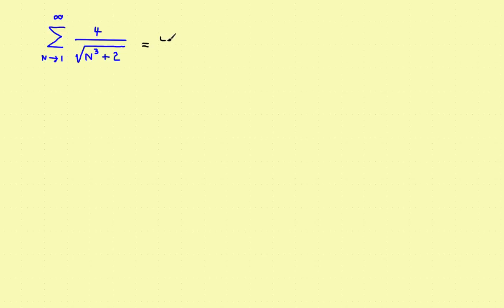I'll just go ahead and pull that 4 out. So this will be 4 times the summation of n equals 1 to infinity of 1 over the square root of n cubed plus 2. So now what happens is you go way off to the right.